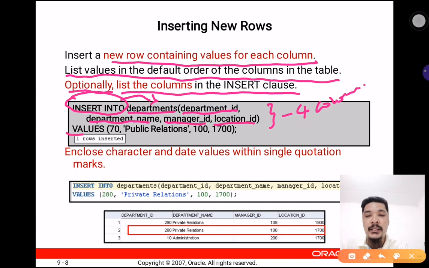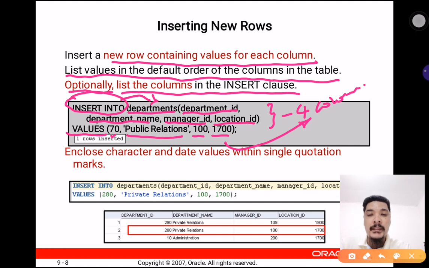We put the values here: number 1 is 70, number 2 is Public Relations, number 3 is 100, and number 4 is 1700, based on these four columns. So please make sure that if we insert four columns, we must put values based on the columns themselves. If we put four columns, the values are also four.